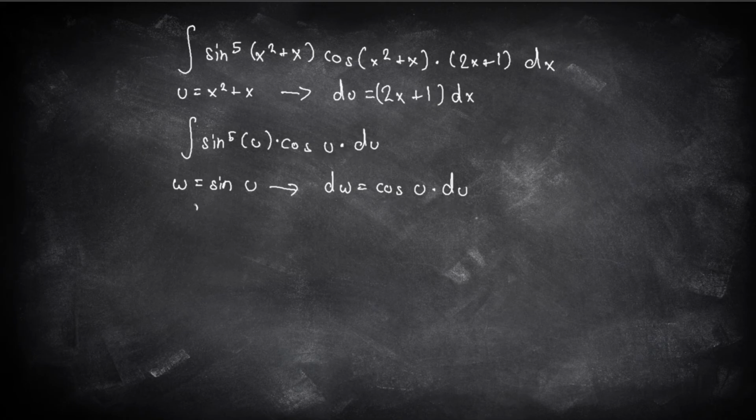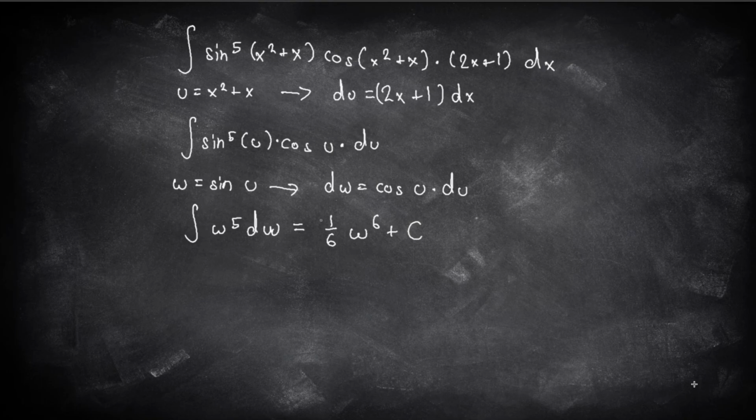So that means the integral, this is just sine of u is w, so that's w to the power of 5, and then we leave behind a dw. Well, this is just a simple power rule. So that's w to the power of 6. The derivative is 6w to the power of 5, so we need to scale this down by 1/6 and add a c because there's no numbers here.